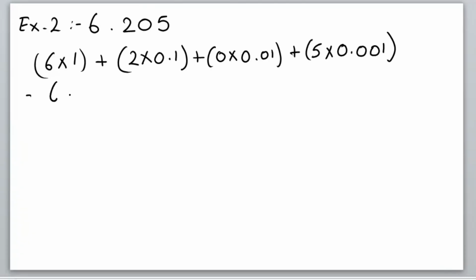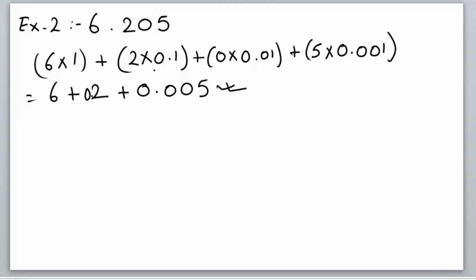It will become 6 plus 0.2 plus, it will be 0 so you can leave it. Then you can go to the other one, that will be 0.005. So what will be the extended form of 6.205? It will be 6 plus 0.2 plus 0.005. Understand?